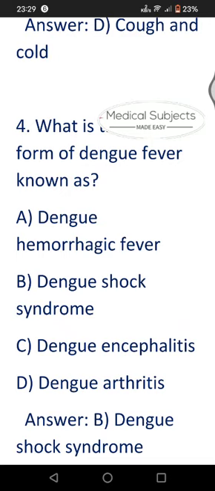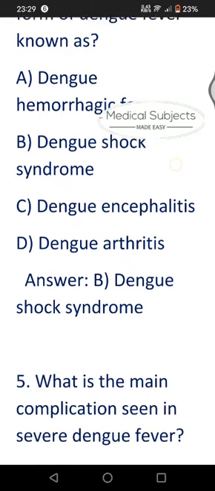Dengue can present in four ways: asymptomatic, and the majority of infections are asymptomatic; second, just a fever, dengue fever; third, DHF, dengue hemorrhagic fever; and fourth, dengue shock syndrome. The most severe form, with increased mortality, is dengue shock syndrome, or DSS.